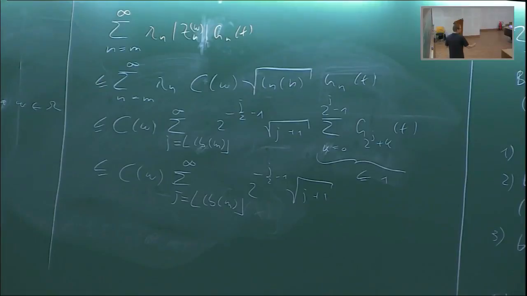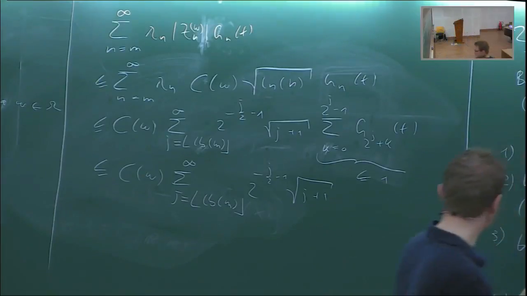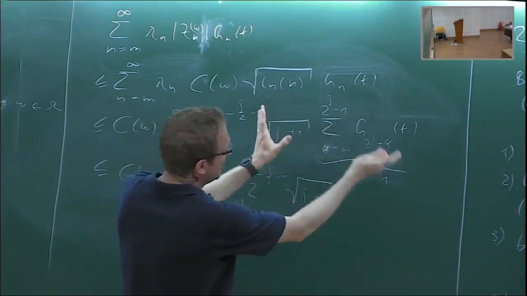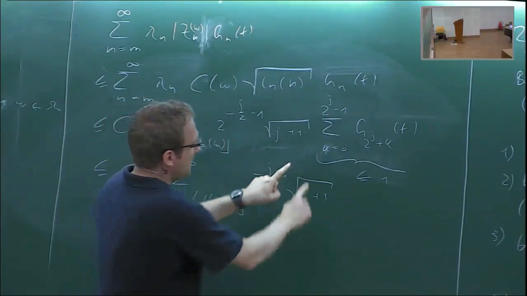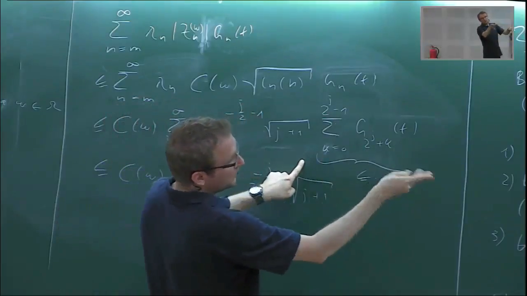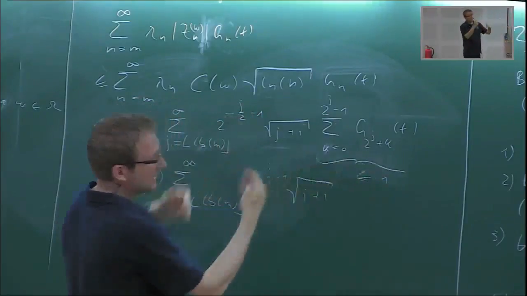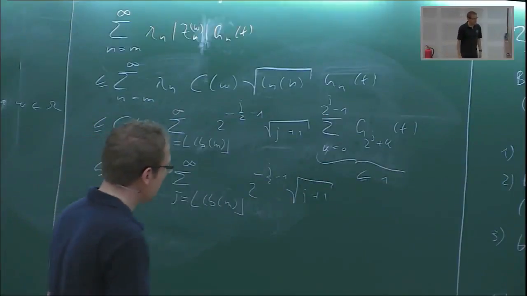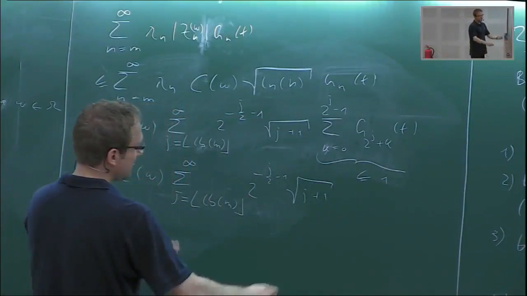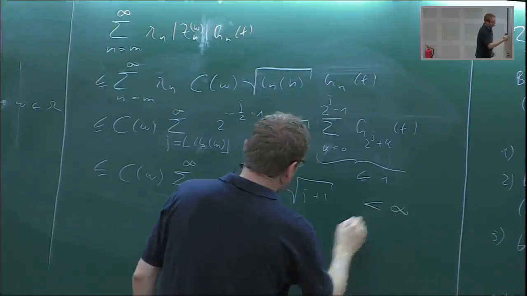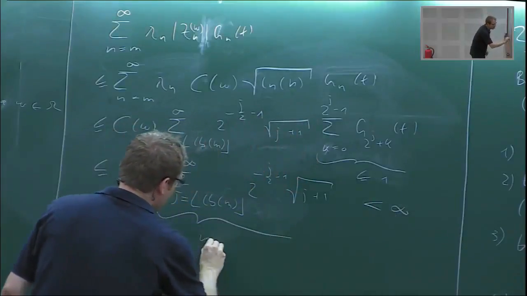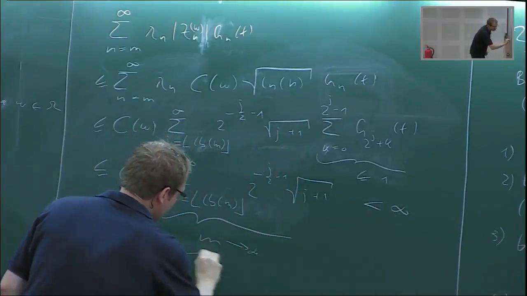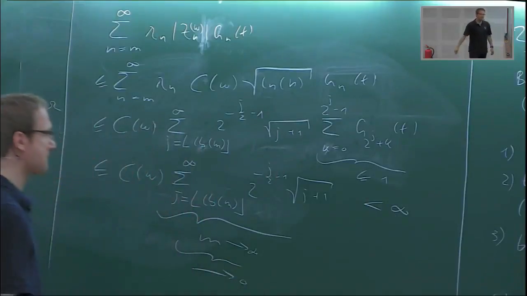So all of them are 0 except this one. We don't want to specify which one it is, but it's only one. And if it's only one, and we know that the peaks have values between 0 and 1, then we can estimate it by 1. Okay, so this is finite, and for m till infinity, this tends to 0.